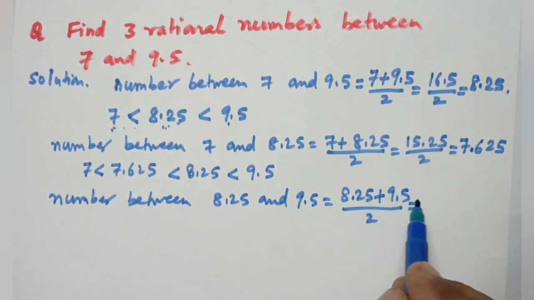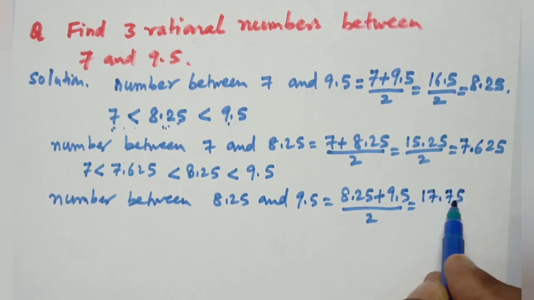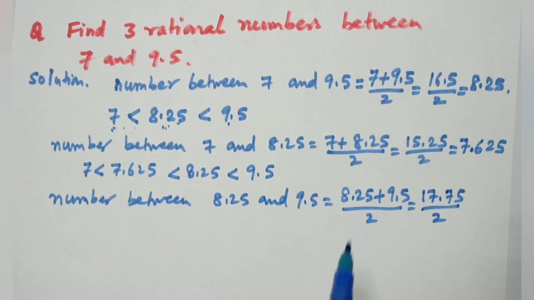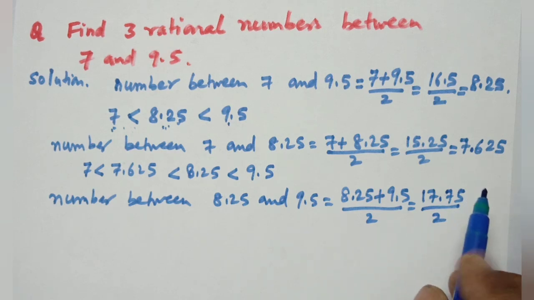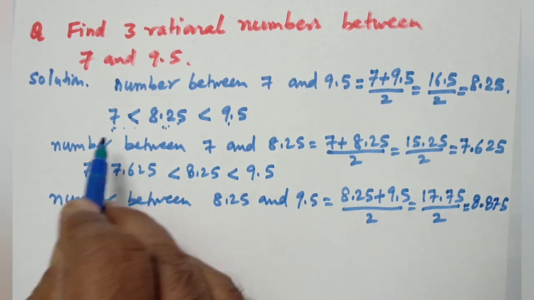If you add these two, we get 17.75 divided by 2. When we divide this by 2, we get 8.875. So now this is the third number between the two numbers.